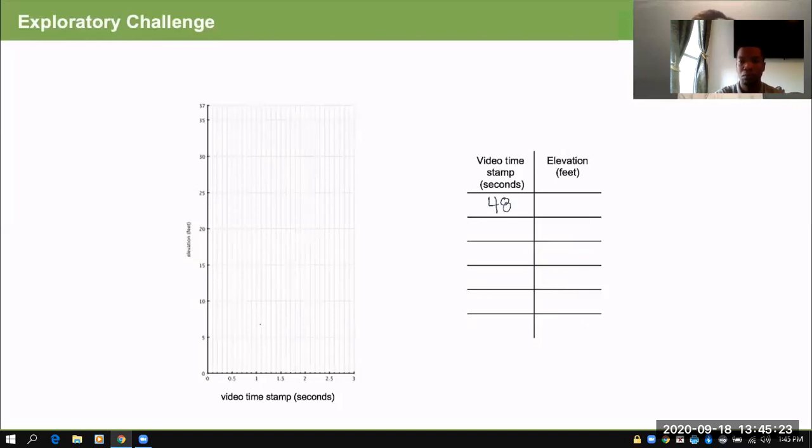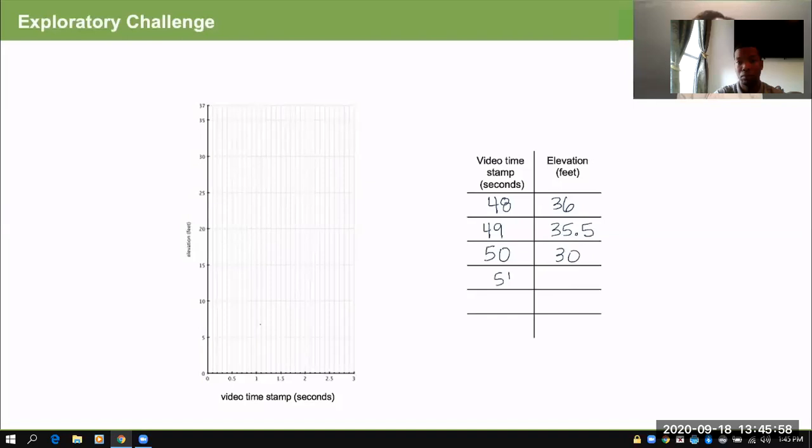We see that at the 48-second video timestamp, the jumper's elevation was 36 feet. After advancing the video 1 second, we see that at 49 seconds on the video timestamp, the jumper's elevation was 35 1/2 feet. After 50 seconds on the video's timestamp, we see that the jumper's elevation was 30 feet.